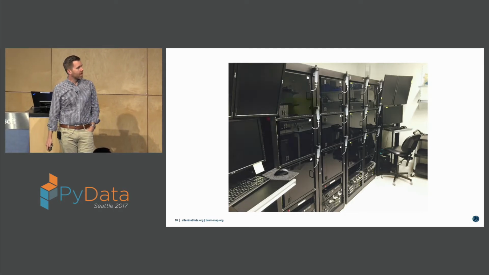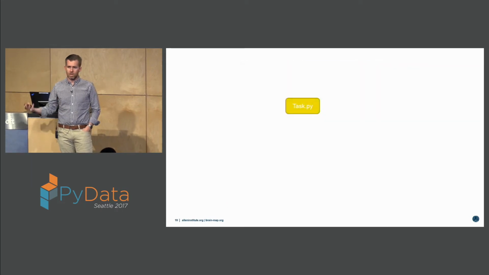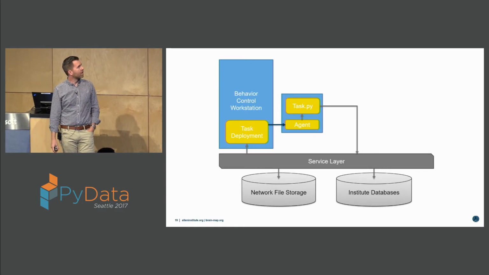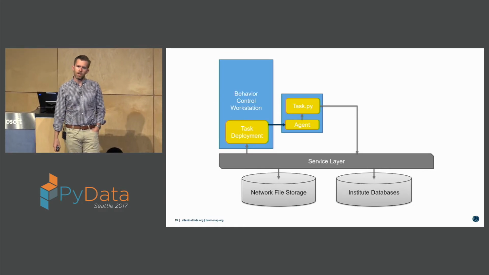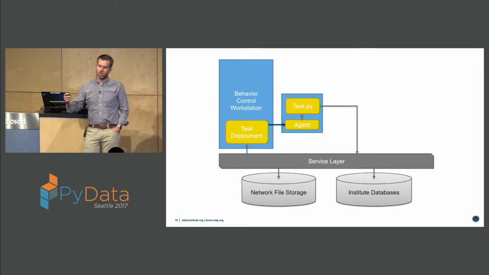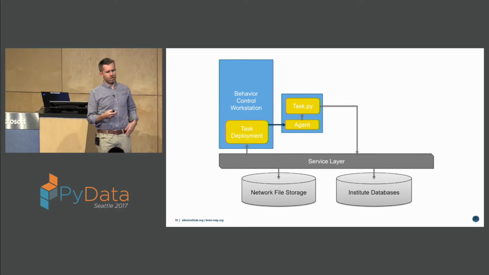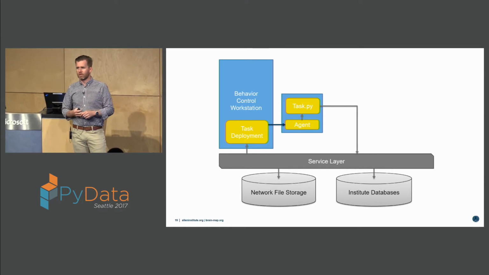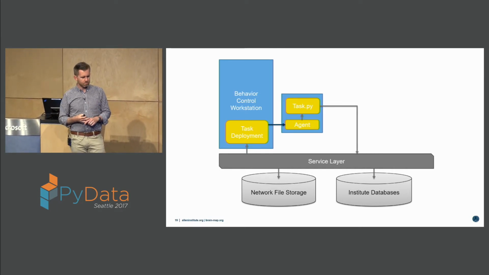So we need to be able to take our task and deploy it, because this is running on multiple different computers. We have a task deployment GUI that the trainers can use to load up the task for an animal. This can read directly from our service layer to identify the proper task to give to the animal.